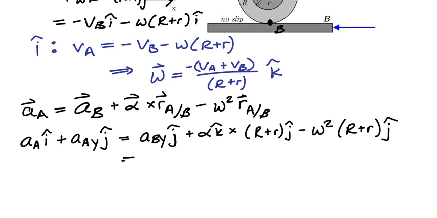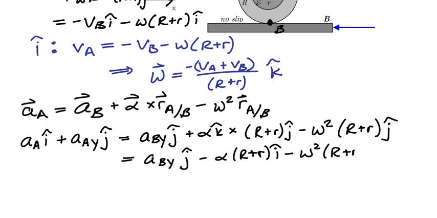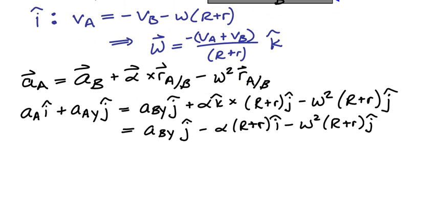If I expand what's on the right hand side here, this is going to give me ABY in the j. K cross j is negative I, so I'll have minus alpha quantity R plus r in the I, minus omega squared times quantity R plus r in the j. At this juncture, I can say, well, how could I get out alpha?